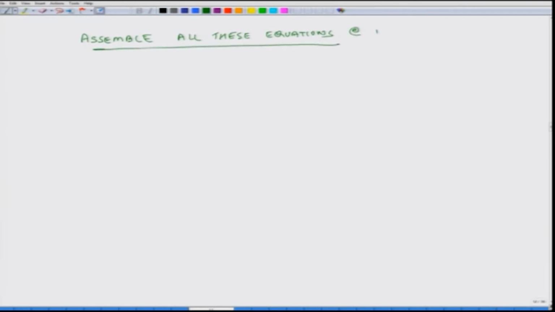At element level, we will assemble all these equations to get assembly level equations.